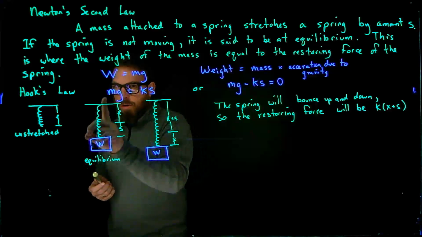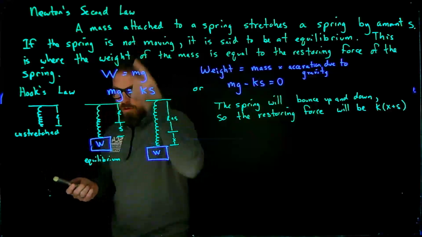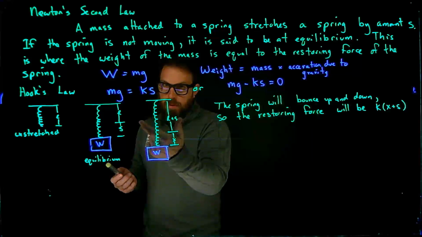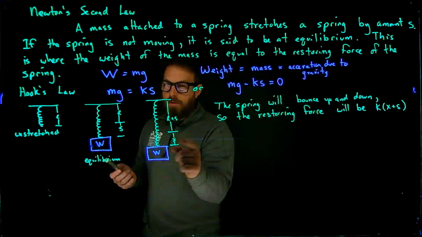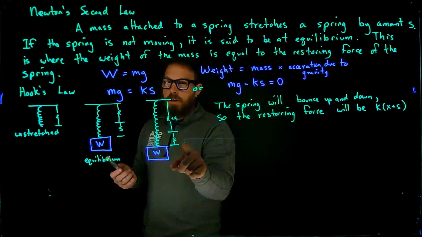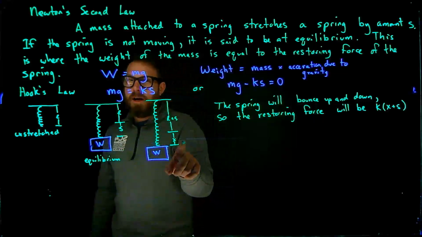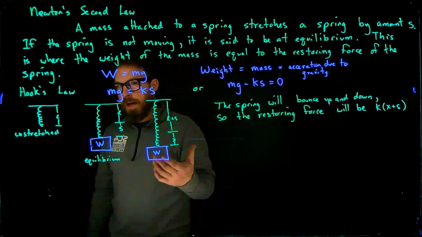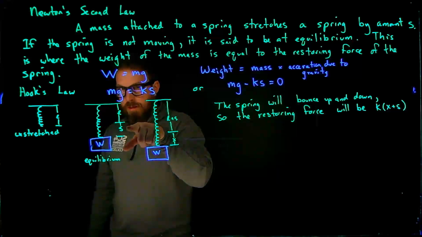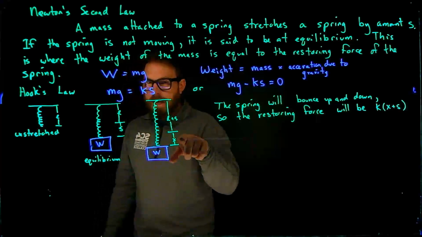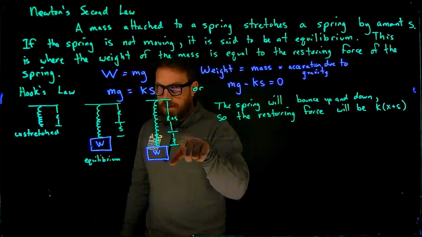So it already has an equal and opposite force, which is Newton's second law. So this is what's going to happen when I pull this thing down, this extra X. Now it's going to have a restoring force of that spring constant times the initial pullback from this S, and then this extra pullback from this X.